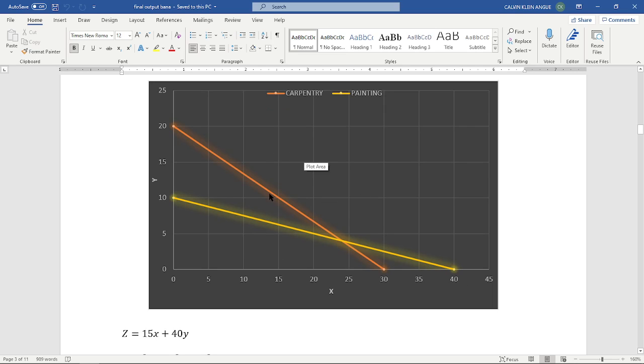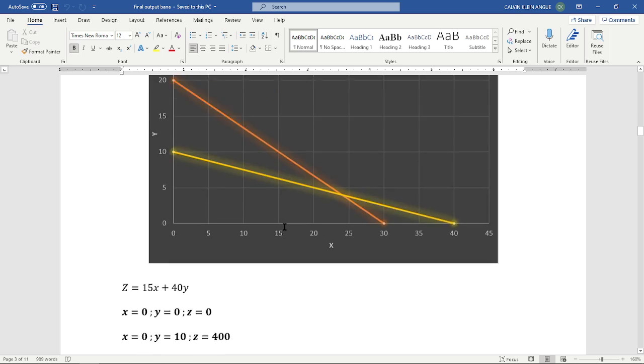That's how you graph it, and this will be your feasible solution. This is your first point, then 30, the 10, and the 0, your non-negativity. And you need to solve this to maximize your profit.